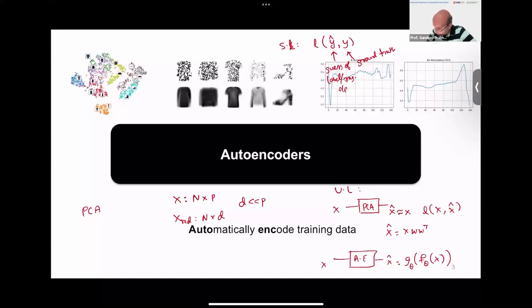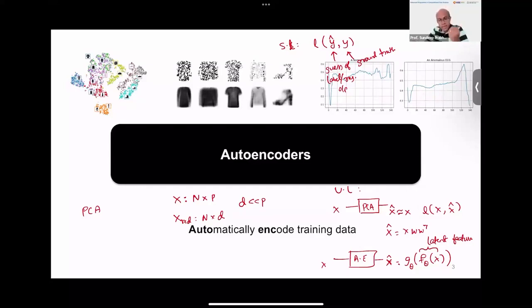Now, this particular output of f of theta, or the encoder, is called the latent feature. So these are analogous to the features that we extracted in the CNN, right? And the output of g of theta is simply the guess of our input.